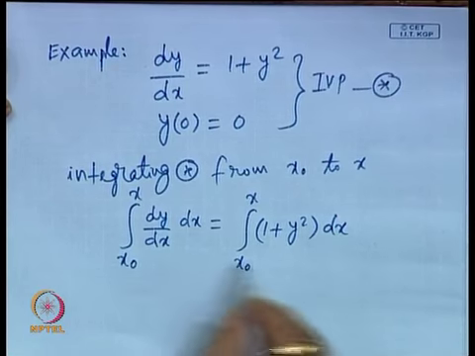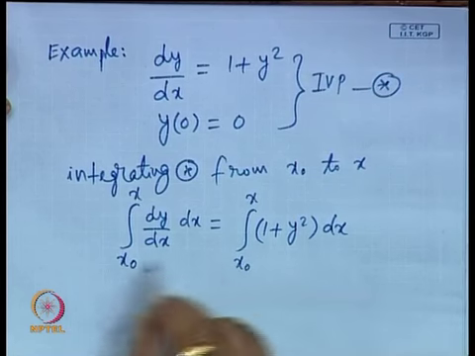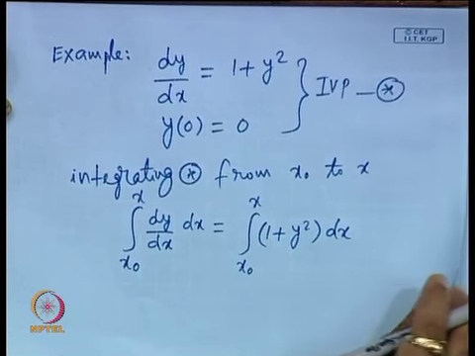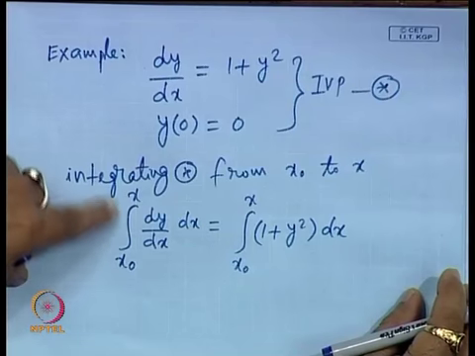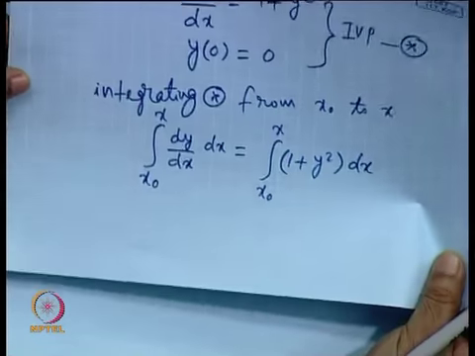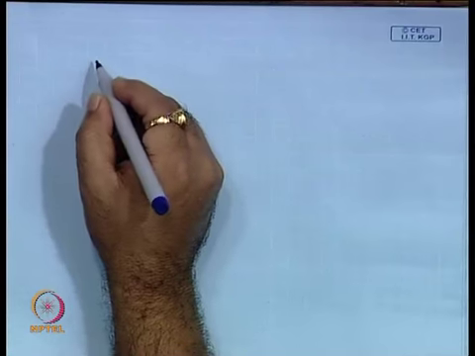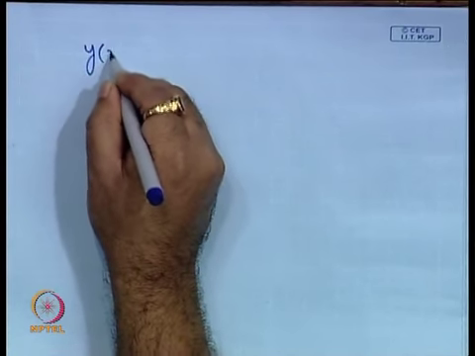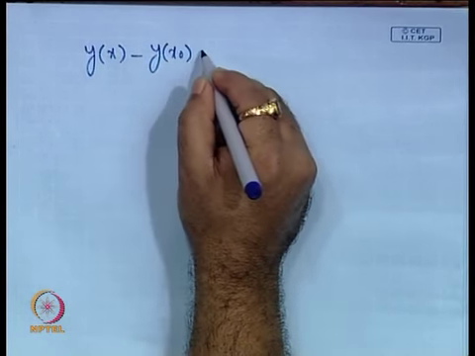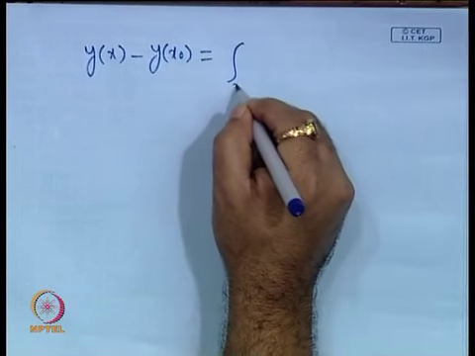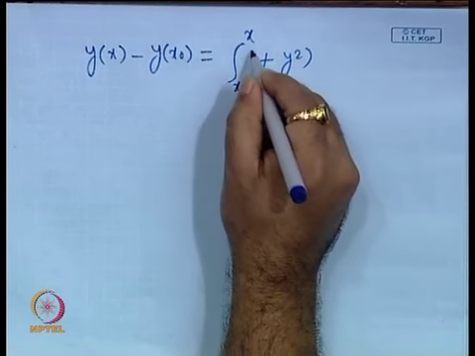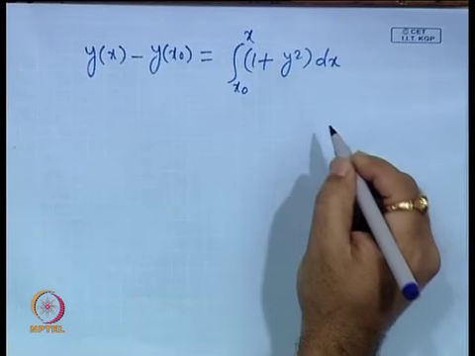So, this is the step which is definitely analytical. Now let us expand this. We integrate dy by dx, so we get y of x minus y of x naught equals the integral from x naught to x of 1 plus y square dx.